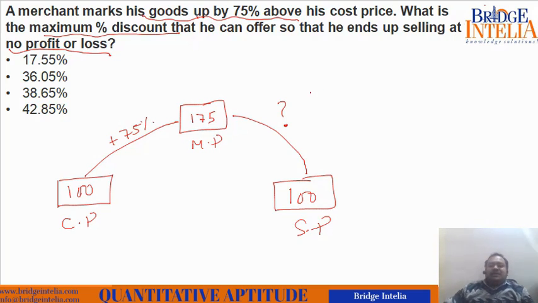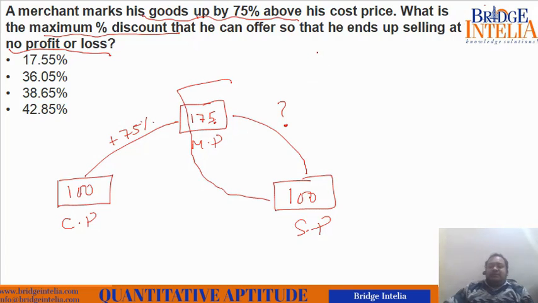So question is, this reflects what percentage of discount? So marked price is 175, but he is ready to sell it for 100 only. So a discount of 75 rupees is given on the sticker price, sticker 175. So he gives a discount of 75 on sticker price.